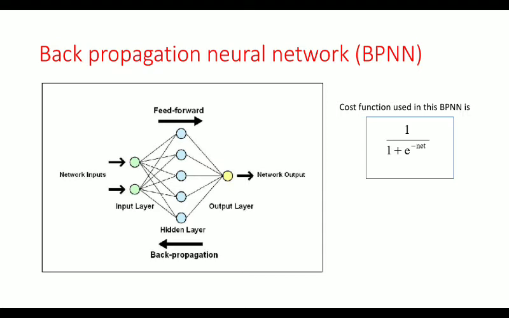The function used in this backpropagation neural network is the sigmoid function, 1 by 1 plus e power minus net value. Using this sigmoid function we find the output value. So by giving average values as inputs to this backpropagation neural network we get some outputs.